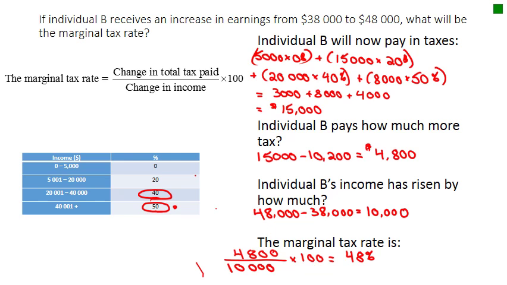If we look at where we fall in the tables, from 38 to 48,000, we would have 2,000 being allocated in this tax bracket at 40%, and then the remaining 8,000 here at 50%. So it makes sense that we're going to be closer to 50% because we've got the lion's share of the income falling into this tax bracket or this rate of tax. So we're pretty confident that the 48% is correct.